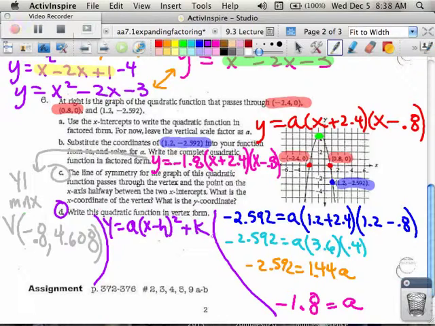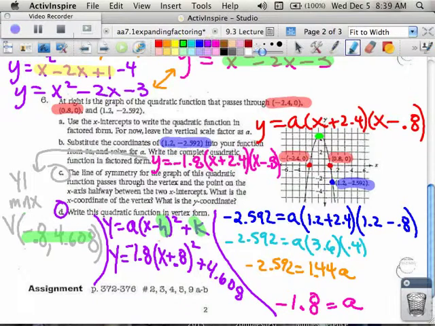The h and the k is what we just found. This stuff, h and k, come from here. So I'll just use that. So now I can just write it as y equals, what was our A value? Negative 1.8. And then I have x minus something, and it's x minus negative 0.8, which means I actually have plus 0.8, and that's squared, and then plus 4.608.